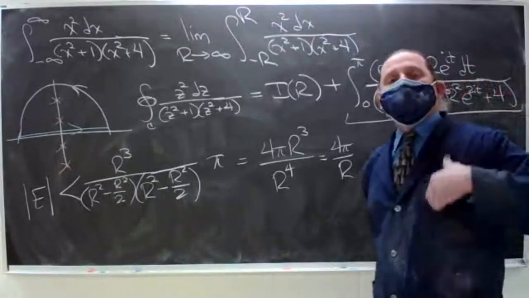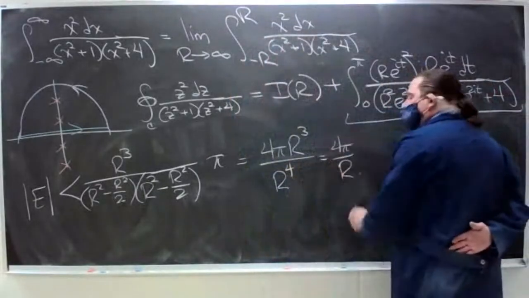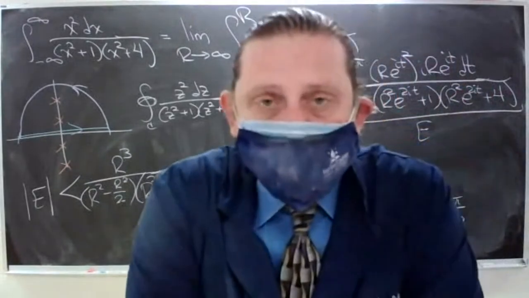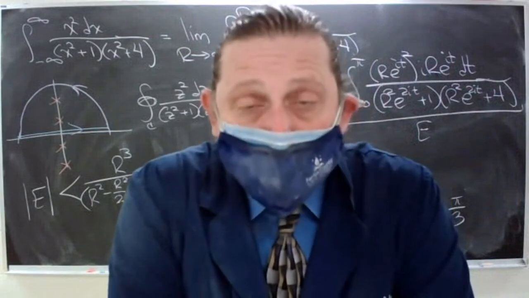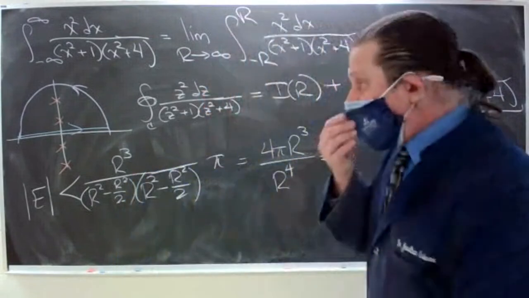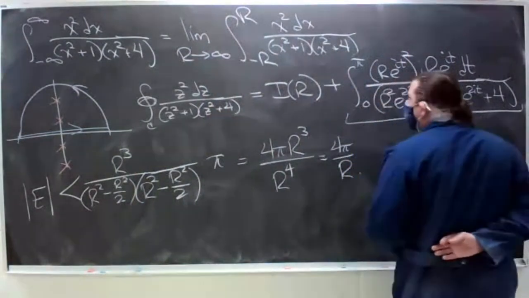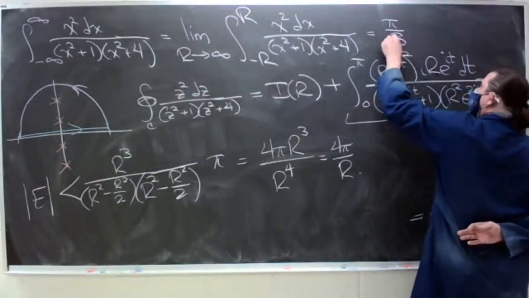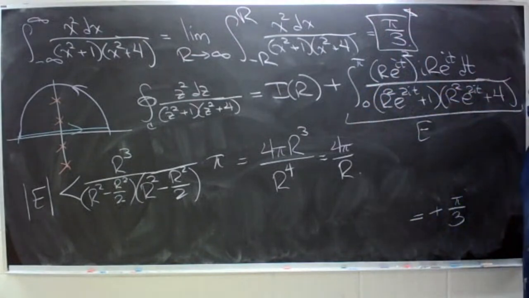So as R tends to infinity, I can make this semicircular arc contribution less than any given epsilon greater than 0. Therefore, the limit as R tends to infinity of this integral is just equal to pi over 3.